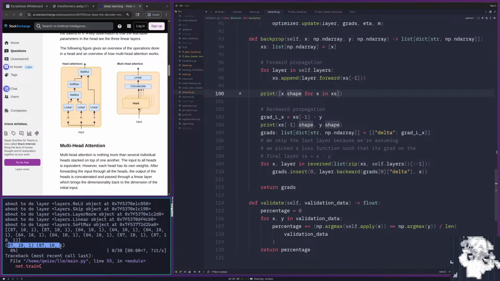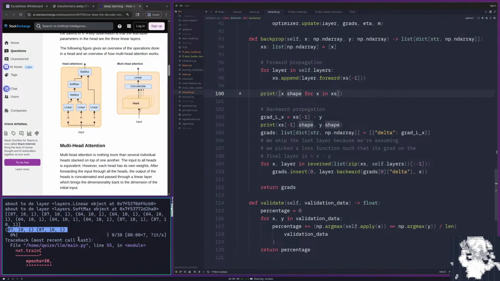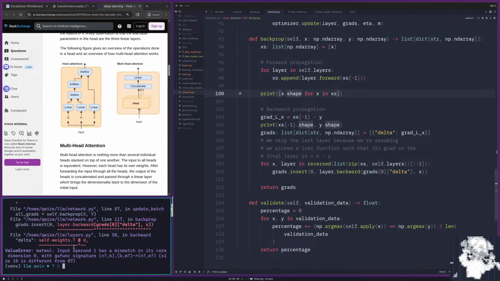So we have the same shape for our output activation and our label, which is perfect. And then oh, I see.